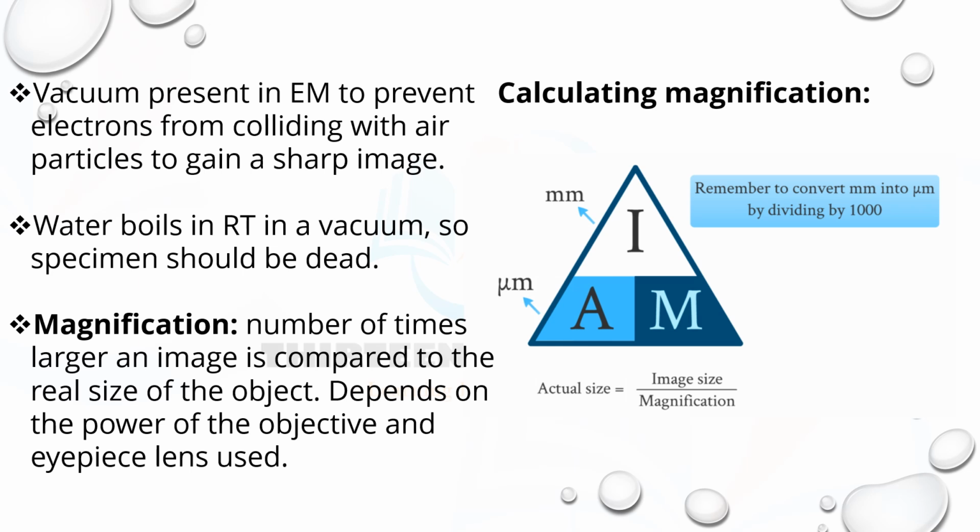If you want to calculate magnification, it will be image over actual. If you're calculating actual, it will be image over magnification. If you're calculating image, it will be actual times magnification. What that means is that you're going to have something like this.